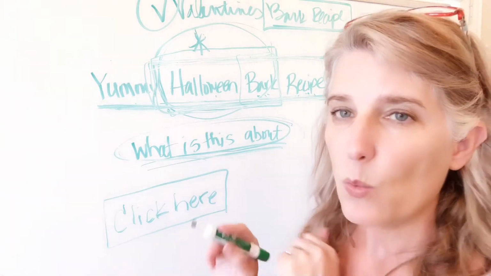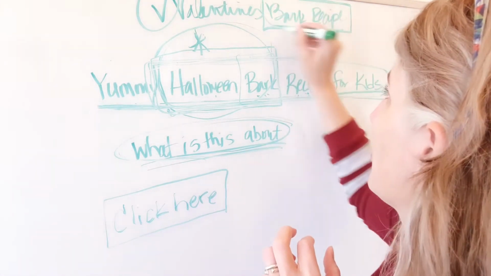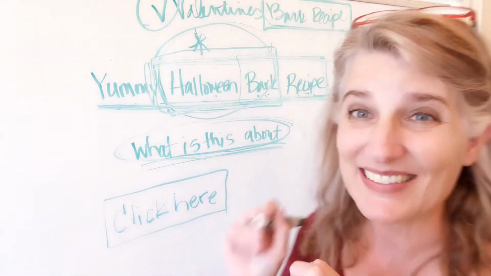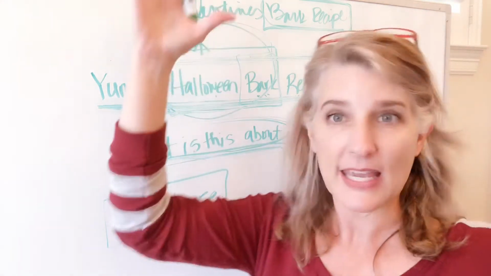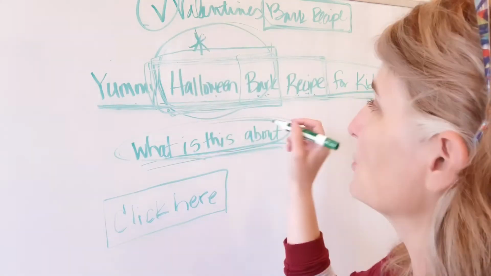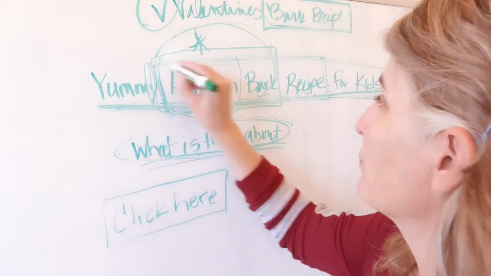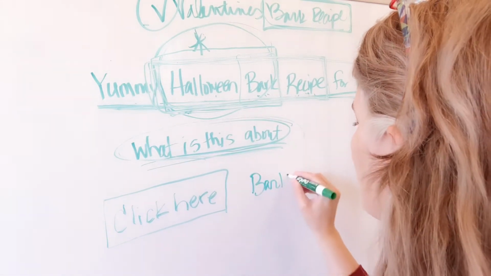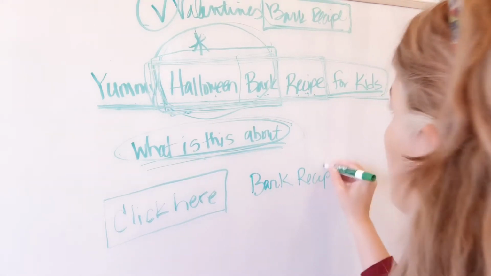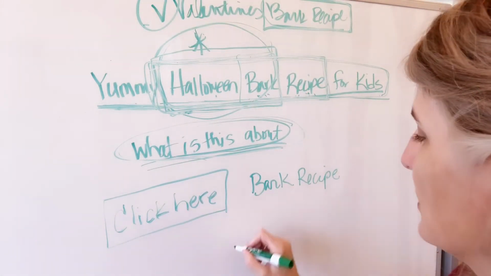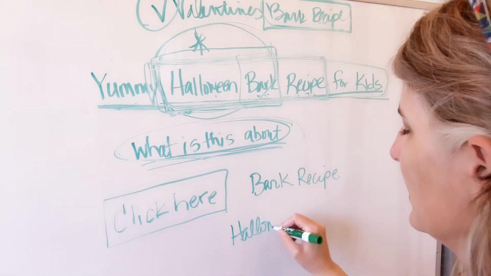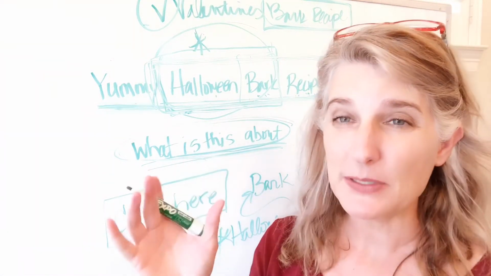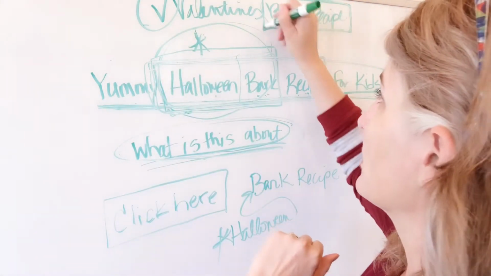But guess what? We don't necessarily want to steal the thunder of this post by linking out to another post with exactly the same best keyword phrase. So in this situation, we'd actually be better off going for Halloween bark recipe, because bark recipe is what we're ranking for there, but if we're linking out, adding the Halloween is going to be a better choice, because we're not going to steal the thunder of this.